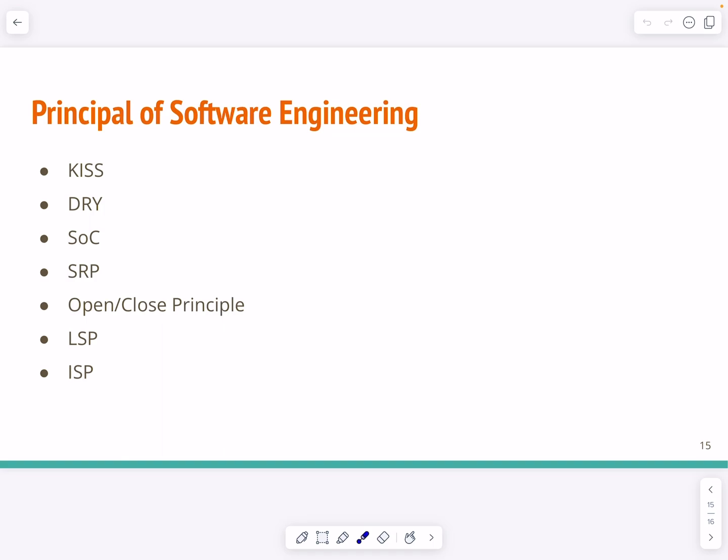For example, if I have a calculation, we tend to put the calculation into a function, like the add function, the minus function, and we can reuse the function. It is like don't repeat yourself, don't hard code it.